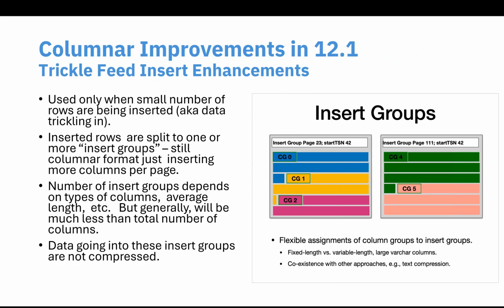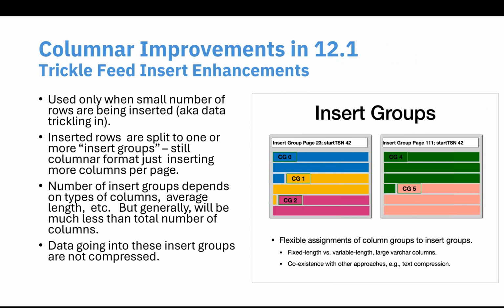There's really no need for those column groups to be on separate pages; they can actually be packed onto the same page. Splitting them onto other pages is for the columnar improvements you get on scan. And so what we did is we packed more column groups onto a single page. Maybe a row of a table will still span multiple pages if it's wide. That's still possible.